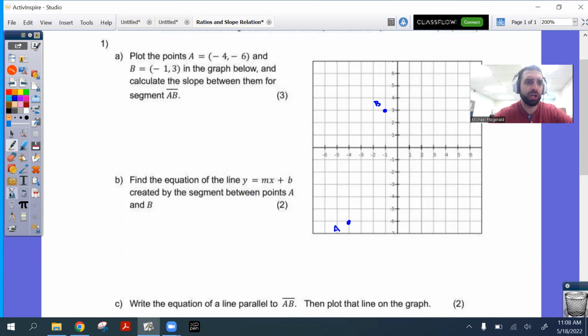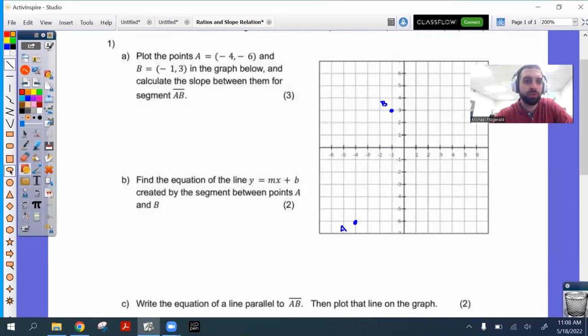Okay, so we need to draw a line. Well, we could use a slope formula, but when we have a graph like this, I think drawing a line would be better. Let's get that tool out. This straight line tool. There we go. That's good enough.